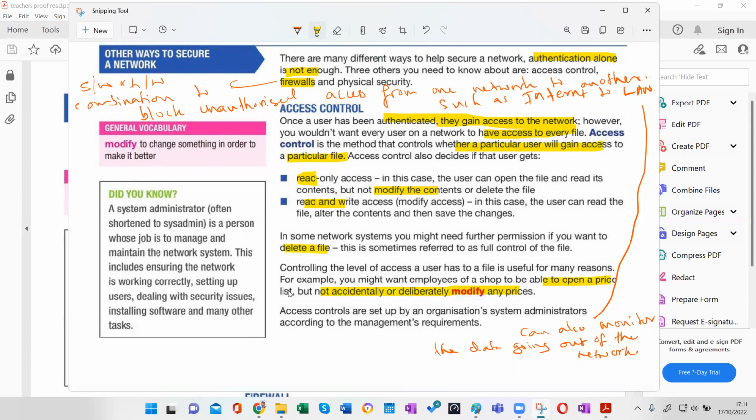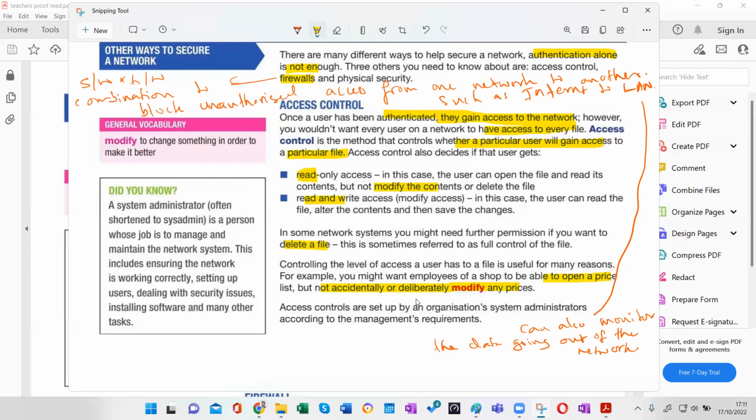So you make it read only. Something like, let's say, the accounts department maintaining the salary details of employees. The accounts department members may want to see these salary figures when they are calculating the payroll. But that's sensitive data that you don't want anyone to alter. So you make it read only.